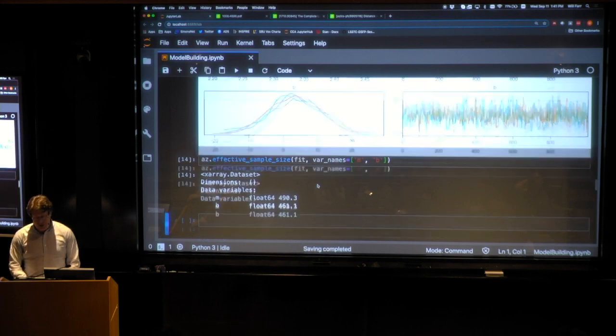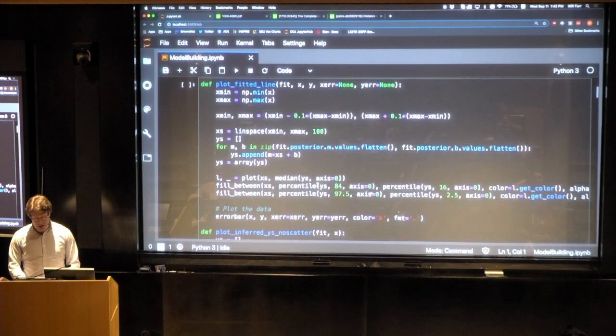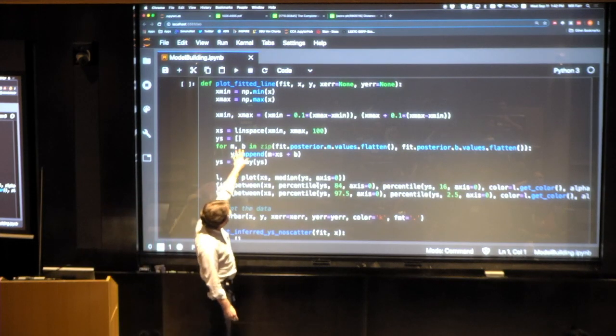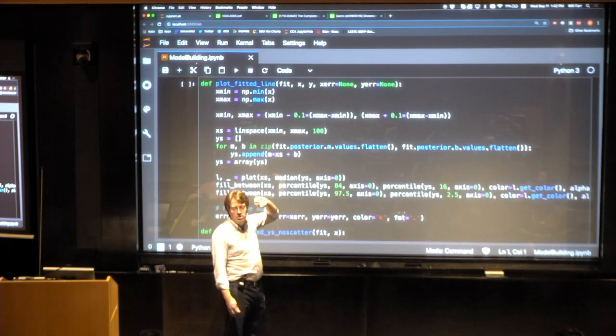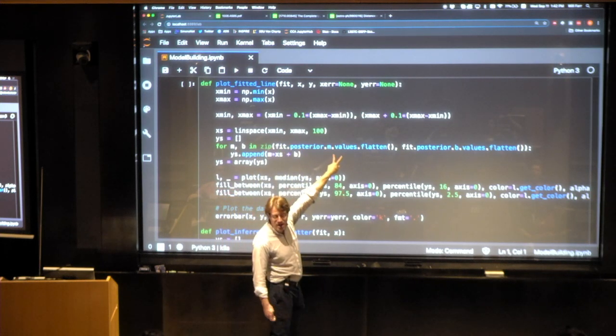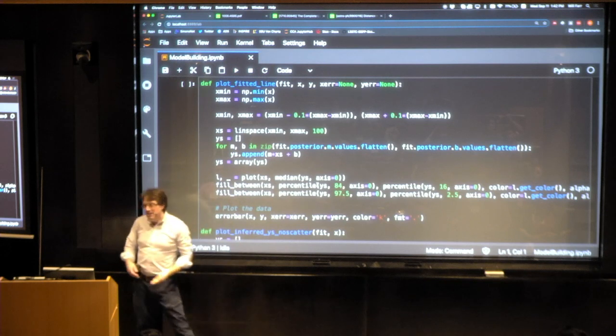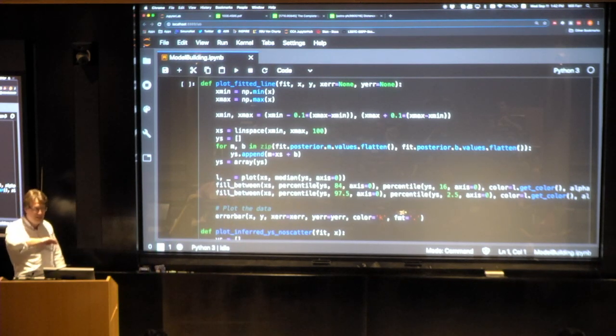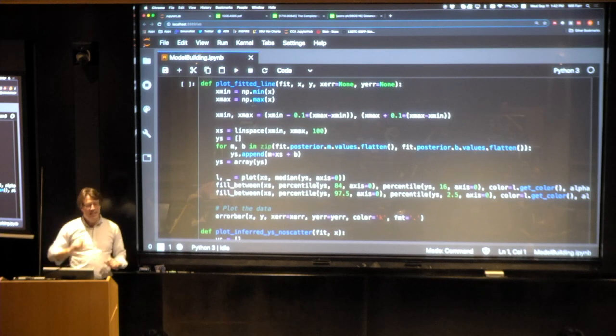So now I wrote some code this morning on the train, and I pray that it works, which is this thing, which is called plot fitted line. So it's intended to consume our fit and our XY data and maybe some errors. And it will make a nice plot of the range of lines that our fit permitted against the data.